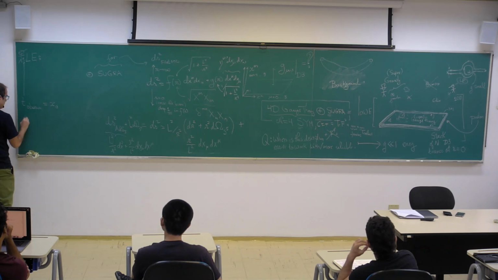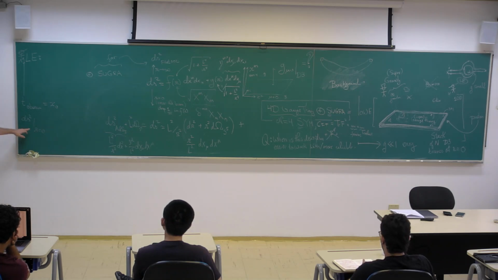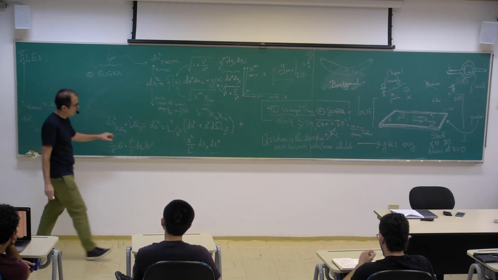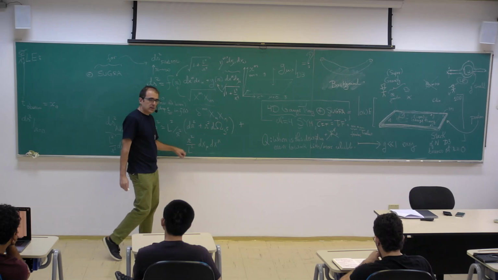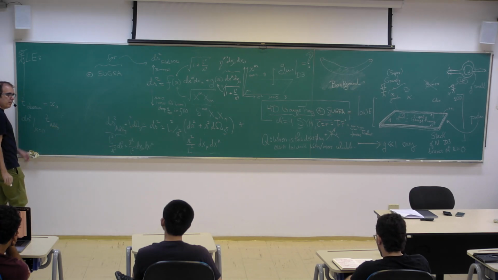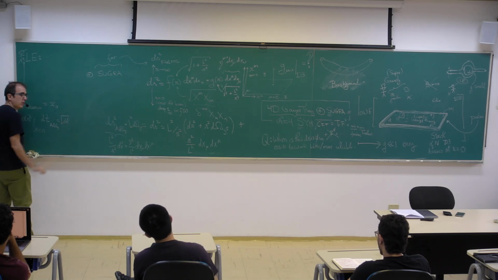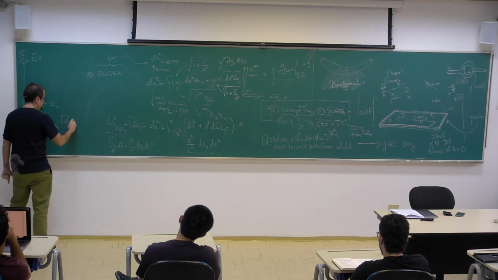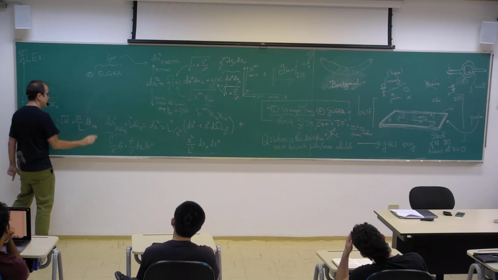Now, notice that in ds squared, as I'm approaching r equal to 0, we see here that time comes multiplied with r over L. So the proper time for the observer in AdS5, this dt, which is the square root of ds squared, the line element, is r over L times dt for the observer at infinity.